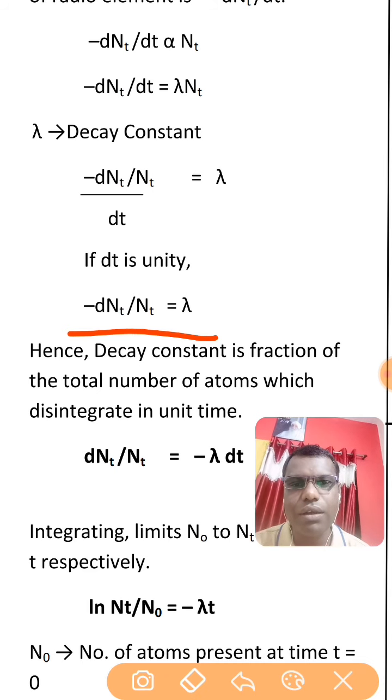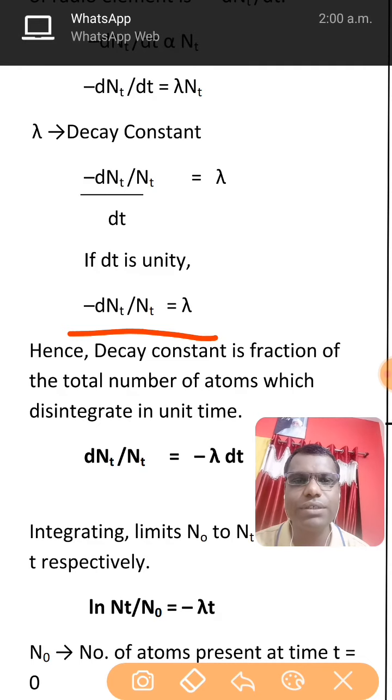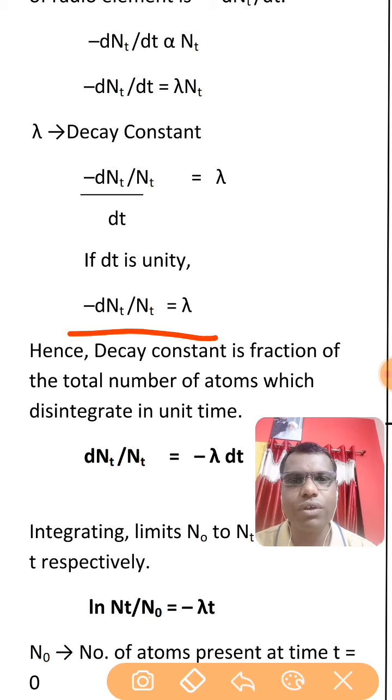That's why the radioactive decay constant is the fraction of total number of atoms which disintegrate in unit time, indicated by lambda.